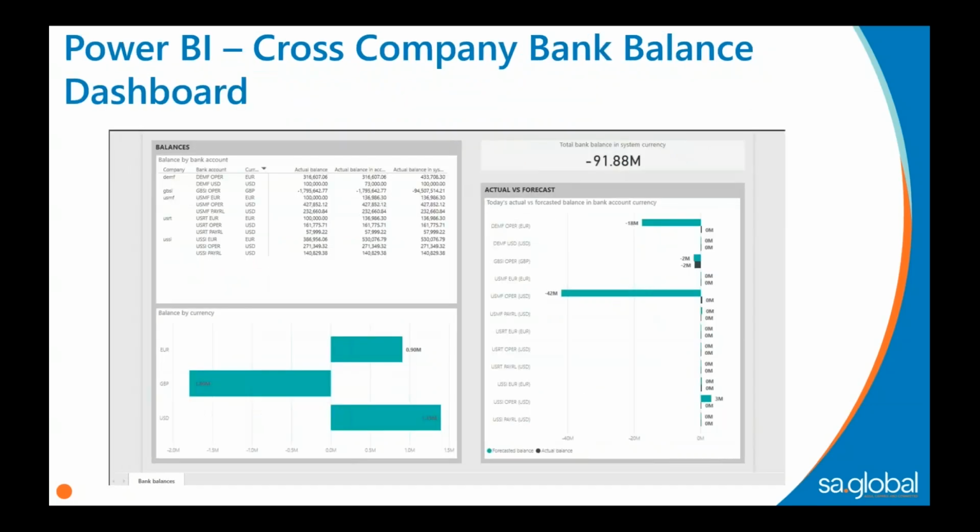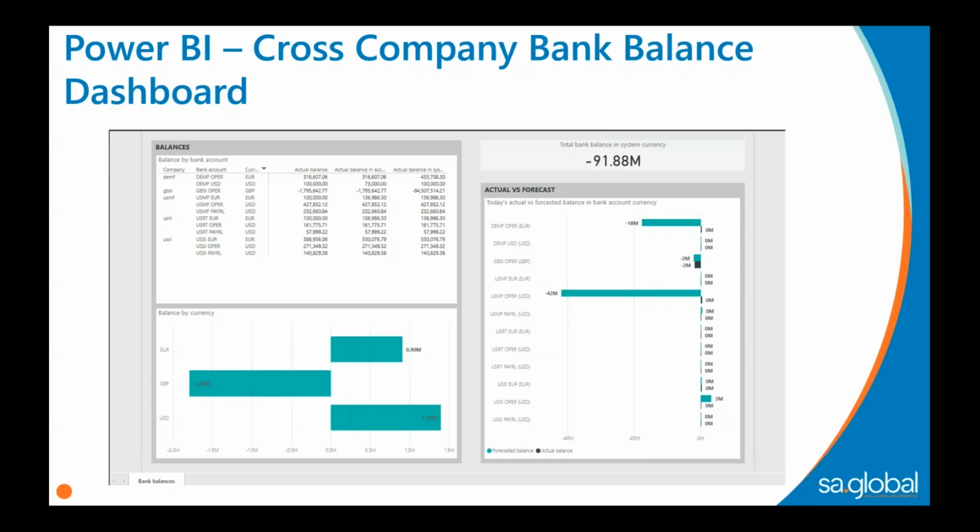The second example is probably even easier to understand. It's a cross-company bank balance dashboard, which allows you, if you have multiple companies and multiple bank accounts, to view all your bank account balances in their own currency or in the common currency of your choice in only one screen. So it gives you a good idea of your global cash position and gives you the possibility to do some cash forecasting.